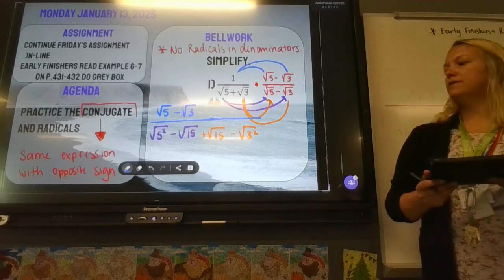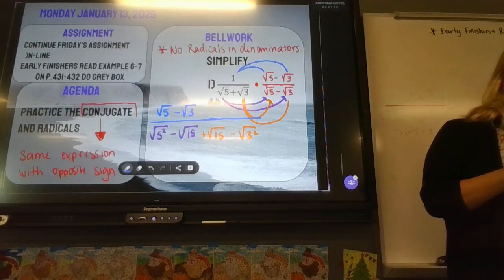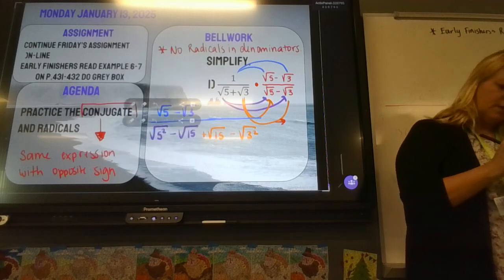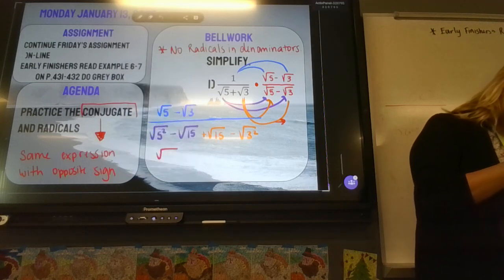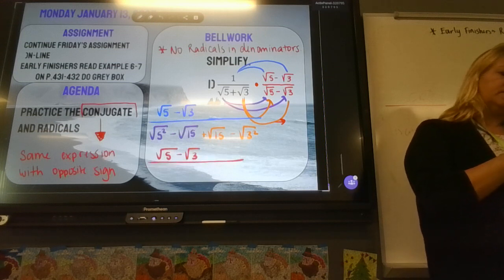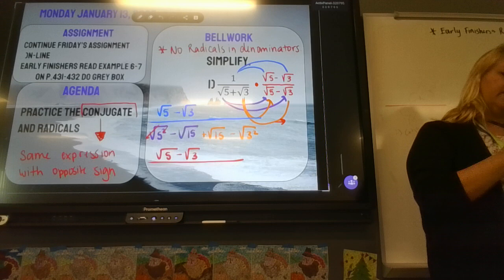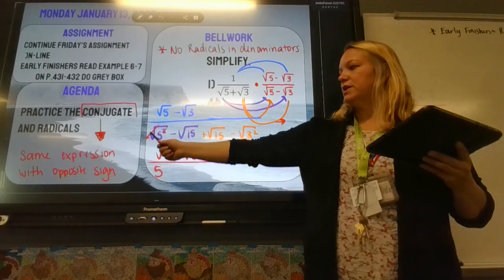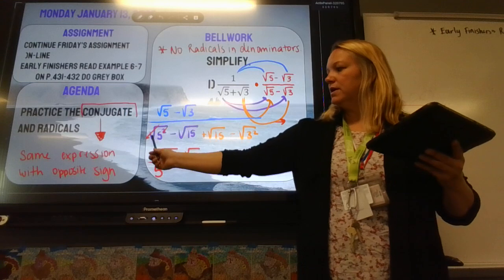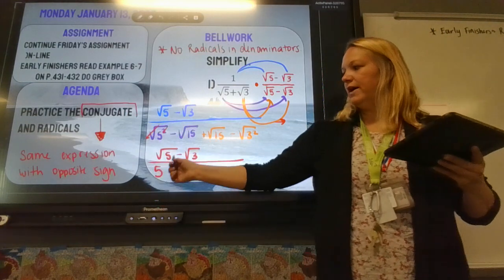So there it is. Everything's going to cancel out there on the bottom. So up top, the square root of 5 minus the square root of 3. Down below, the square root of 5 squared is just 5. So mission accomplished there. Our index and our exponent cancel out to get a rational number, 5.